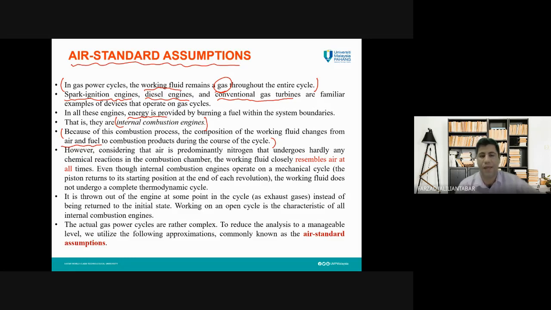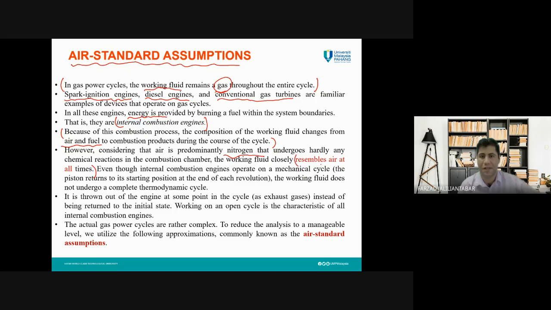However, you know that most of the air is nitrogen, which does not react with any molecules in the fuel. So what we have in the combustion cycle is air, or we can assume we have air inside the cylinder.